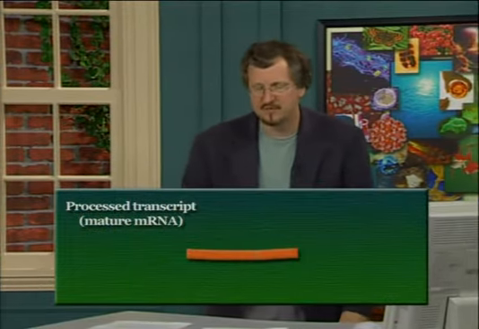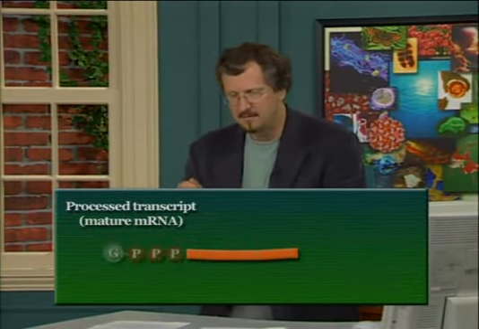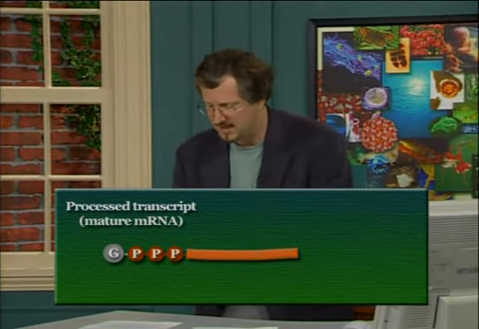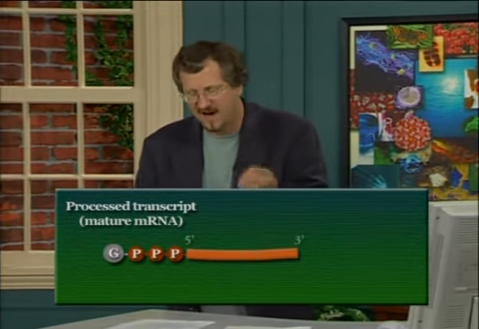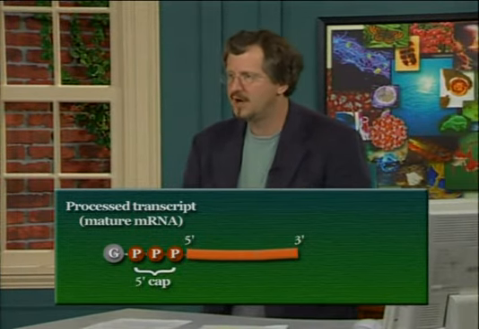Now, I should add one more thing for the sake of completeness. There's another way that eukaryotic RNA is modified before it goes to be translated as a protein. At the beginning of the mature messenger RNA molecule, a chemically modified compound similar to guanine is added. This is added to the 5' end, and we call it the 5' cap or the guanine cap.